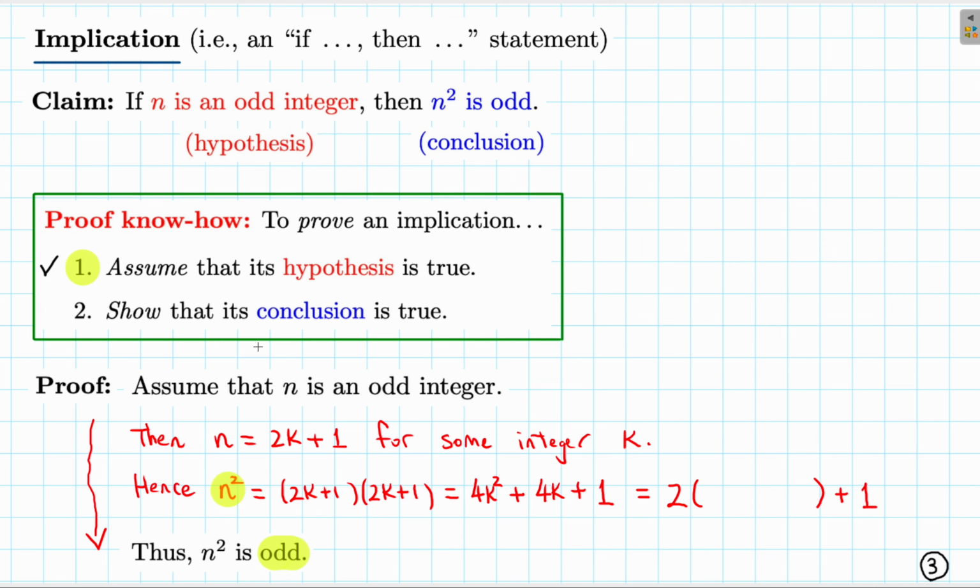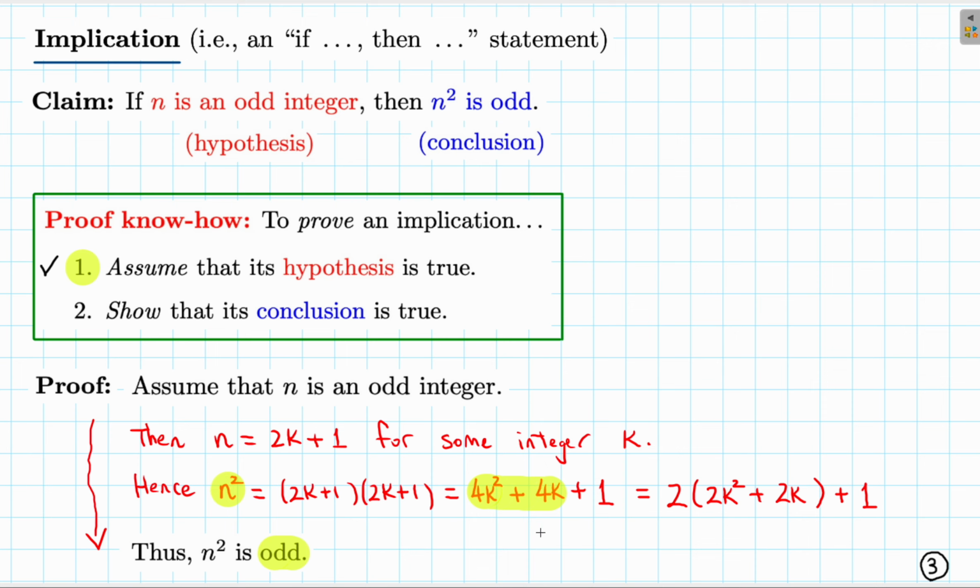And indeed we can, because if we factor 2 out of that portion, we get 2 times 2k squared plus 2k. And then we have the plus 1. And so we've just written n squared as 2 times another integer plus 1.